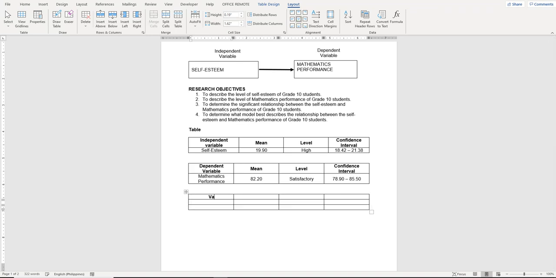So the variables, and then we have the mean, the R value or the R coefficient, and, it must be a small letter, the interpretation.